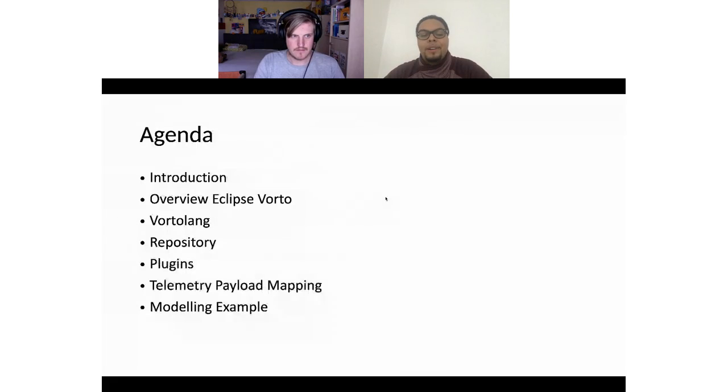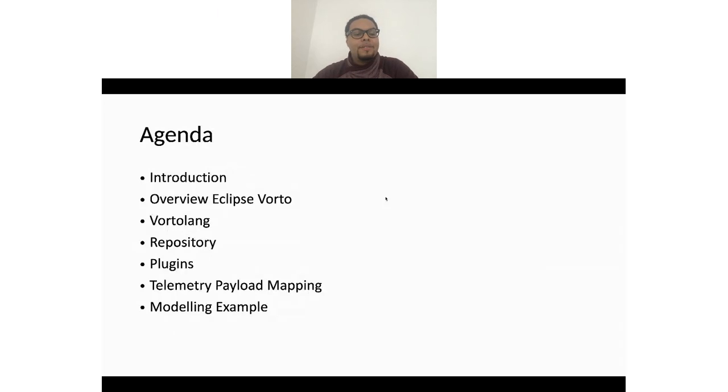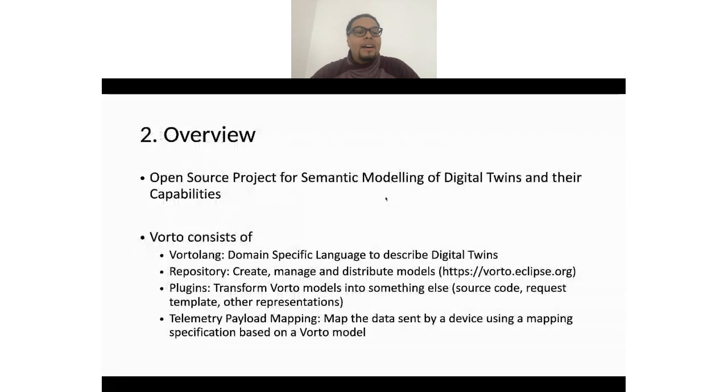We will shortly look at the available plugins and how they work. Then we can take a short excursion to telemetry payload mapping, which is a related feature to Vorto. And then we can look into some examples. I think we'll look into the examples while we go through the slides, as that's easier. So we can start with the overview.